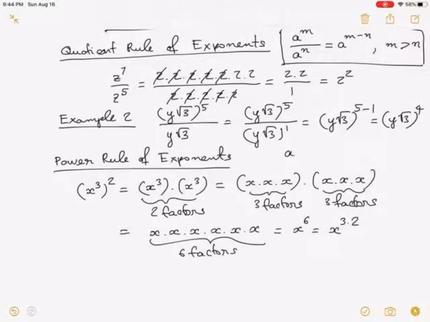Therefore, the power rule of exponent is a to the power m raised to the power n is a to the power m times n.